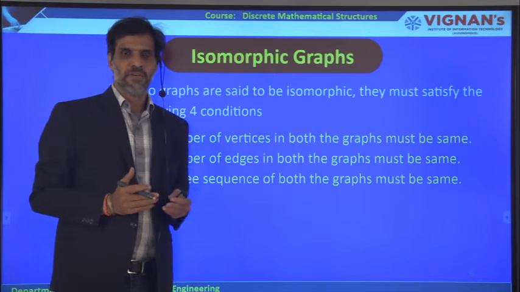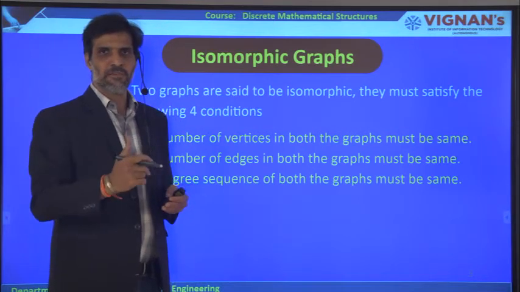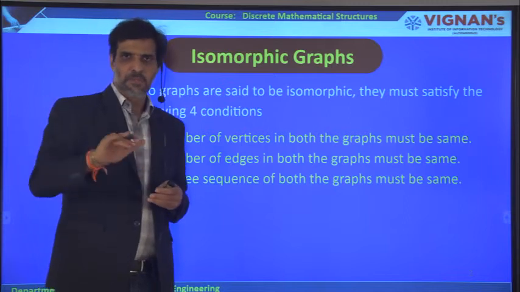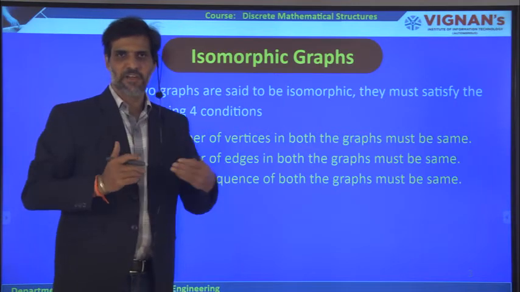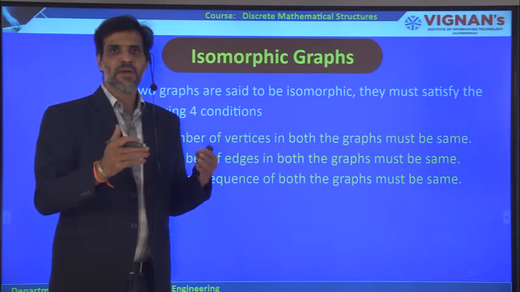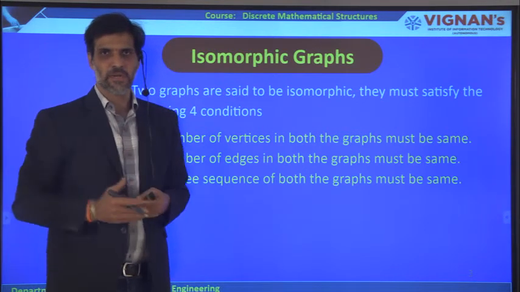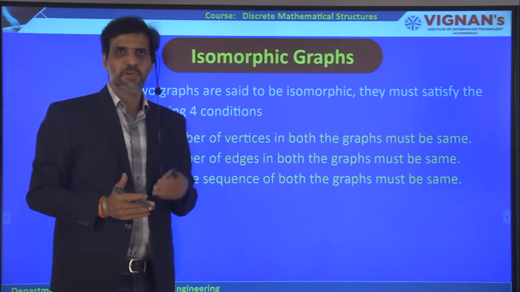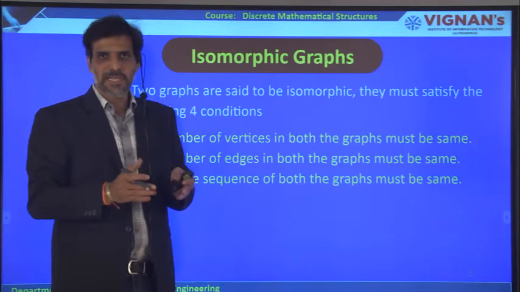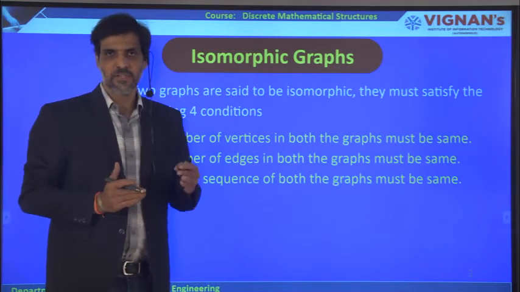In the second graph, I have taken the same order, V1 dash, V2 dash, V3 dash and V4 dash. This is a particular sequence for the first graph and the second graph. Now you need to obtain the degree of each and every vertex in that particular order of the first graph. In a similar way you can do it for the second graph. That degree sequence must be the same for both graphs. This is the third condition.